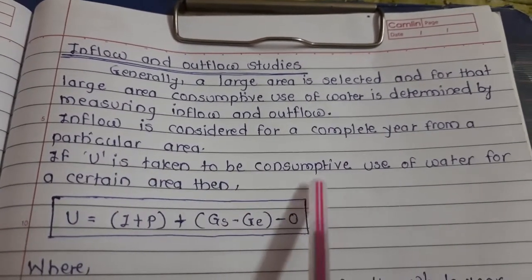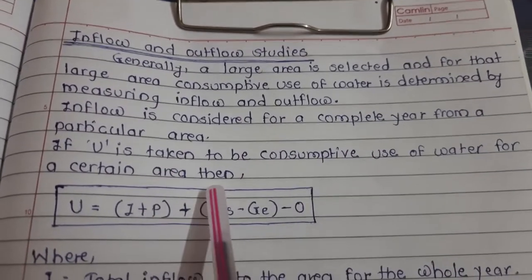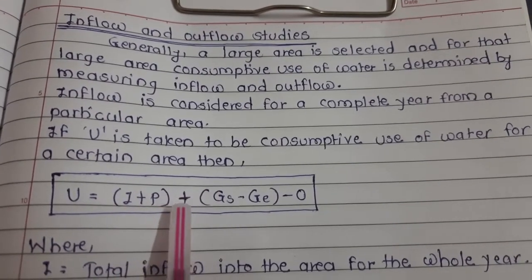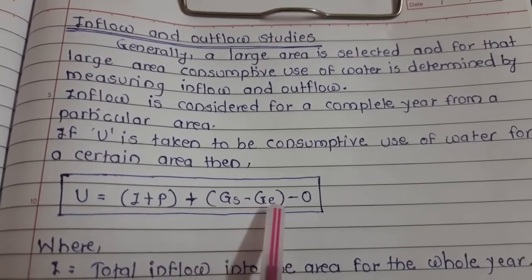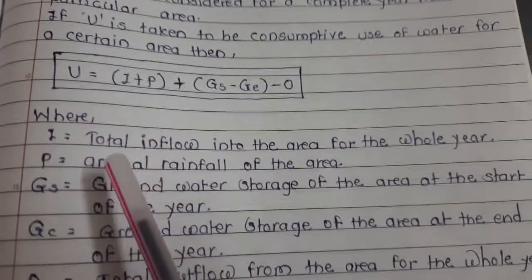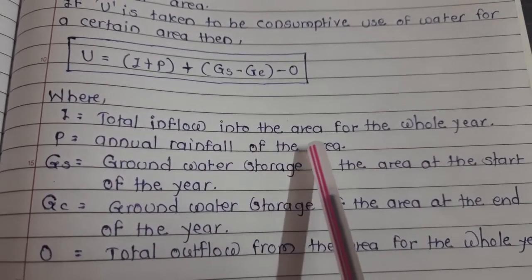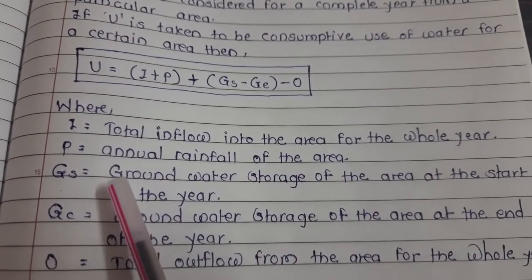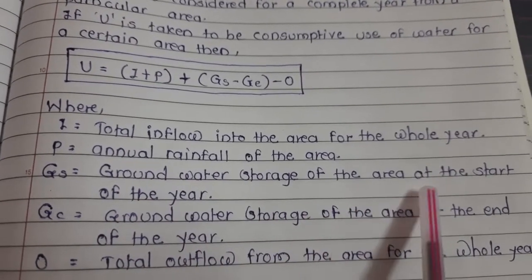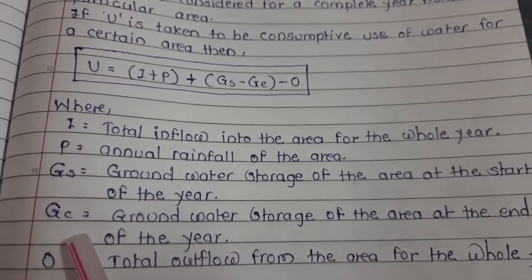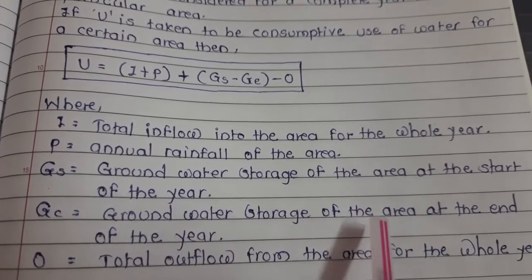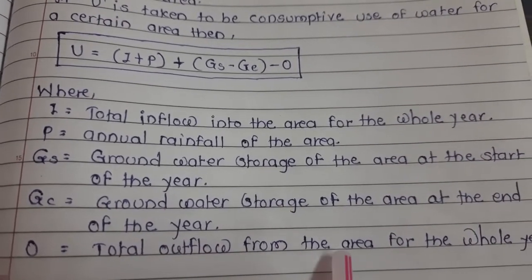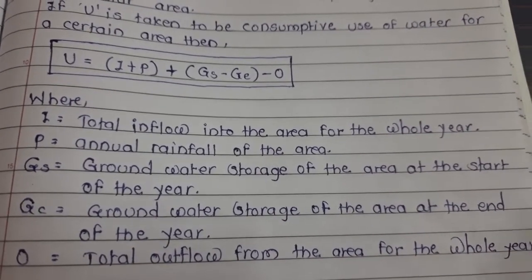If U is taken to be the consumptive use of water for a certain area, then U equals in bracket I plus P plus in bracket GS minus GE minus O, where I is the total inflow into the area for the whole year, P is the annual rainfall of the area, GS is the groundwater storage of the area at the start of the year, GE is the groundwater storage of the area at the end of the year, and O is the total outflow from the area for the whole year.